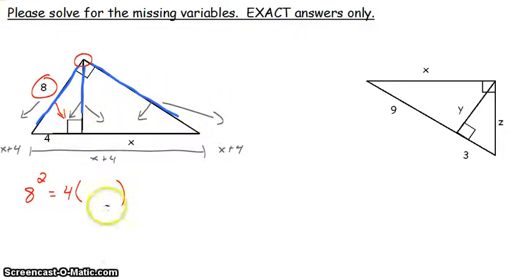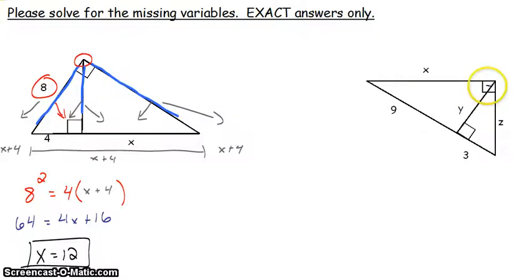So we'd call it mean mountain. But in this case, it's 8 squared equals 4 times x plus 4. You would use your algebra to solve and find that x is equal to 12.